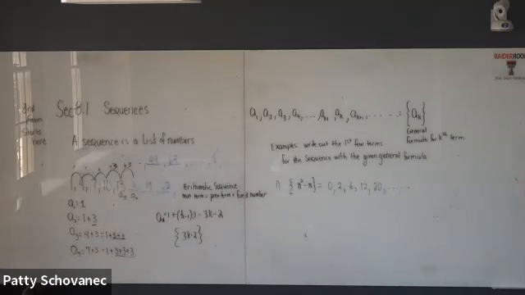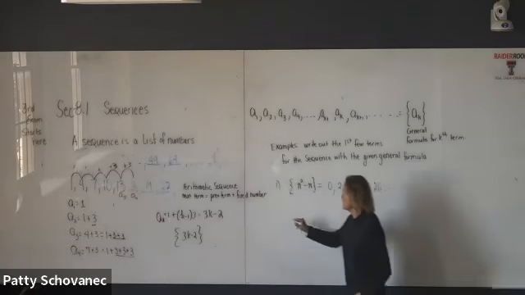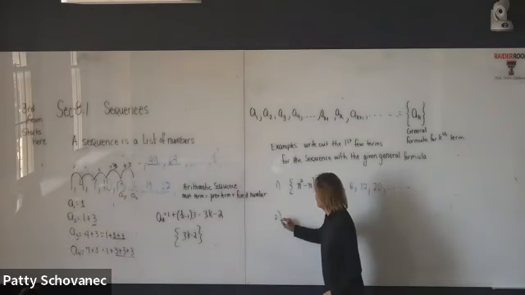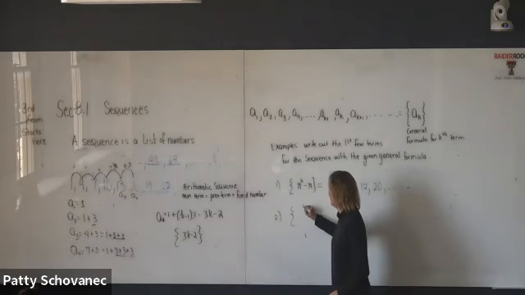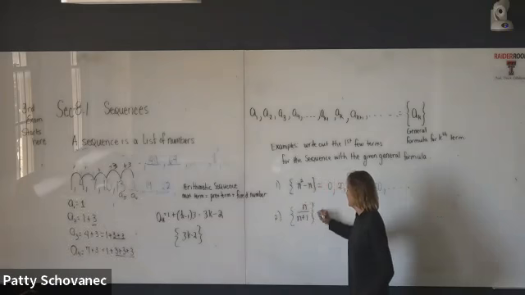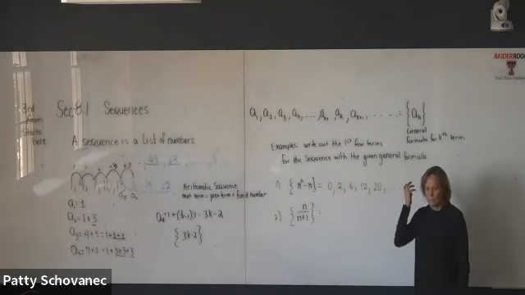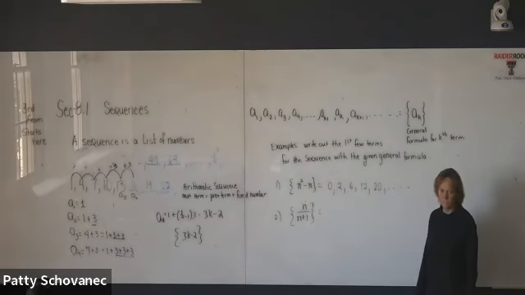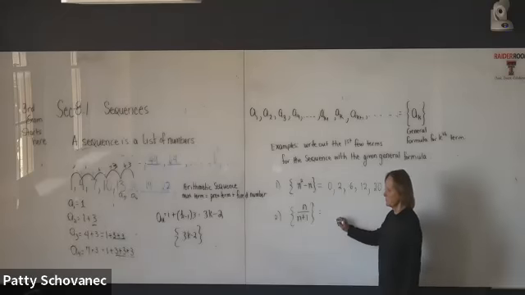Next one, let's look at a sequence that has the pattern of n divided by n plus 1. All right, start calling them out. Start with n is 1. What's our first term?